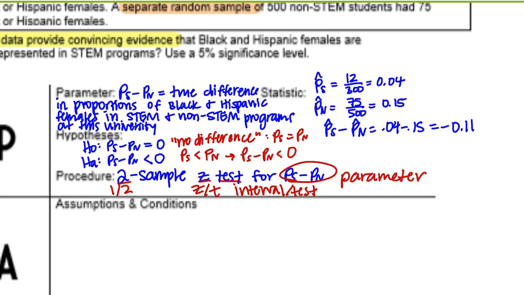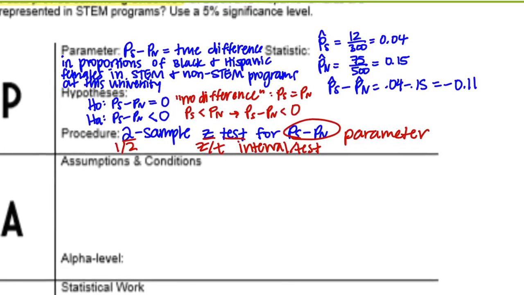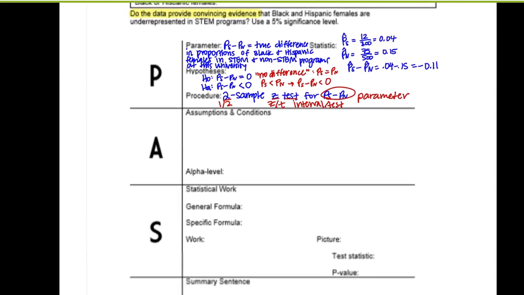And remember that negative means that there are 11% fewer Black and Hispanic females in the STEM programs than in the non-STEM programs. So the negative is important to keep. And you have the same assumptions and conditions as always, but we have two samples, so make sure you check it for both.